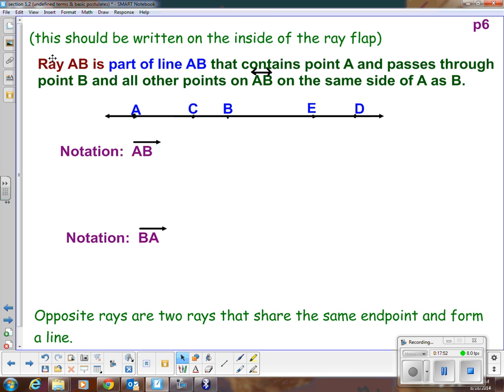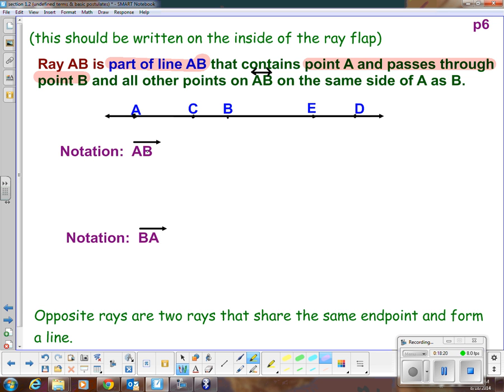So now we're still on your foldable. Ray AB is a part of line AB that contains point A. It must pass through point B and all other points on AB that are on the same side of A as B. This is really a wordy definition. So what this is saying is, here's my line.